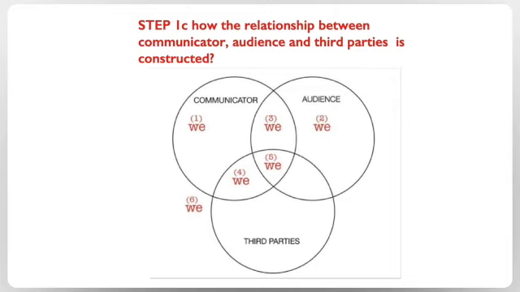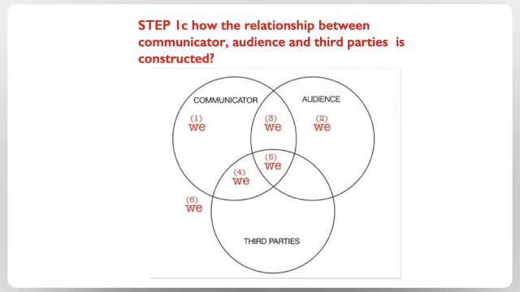You can look at different types of language here, of course. One interesting one is the pronoun we, because as you can see on this diagram, we can mean many, many things. So you can see we can refer to the communicator. It's marked with number 1 on the slide.